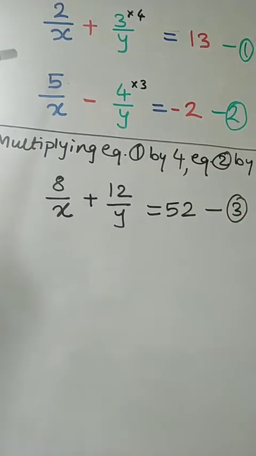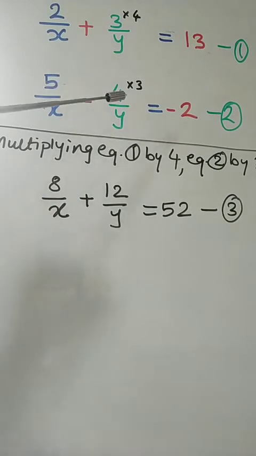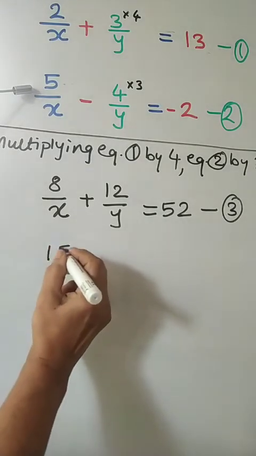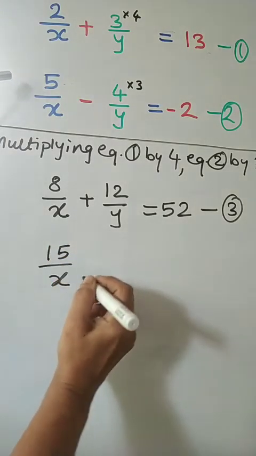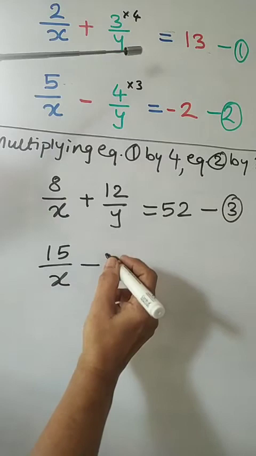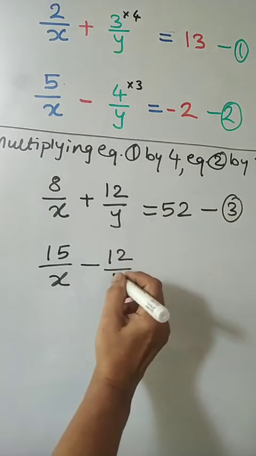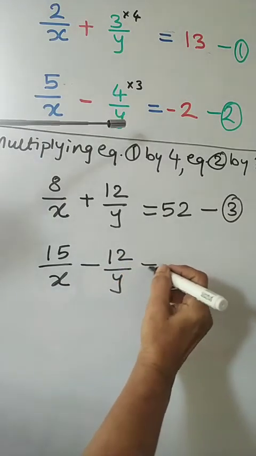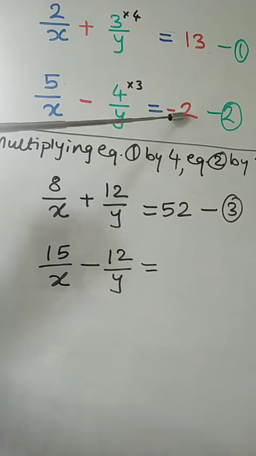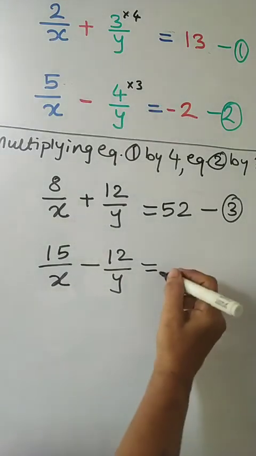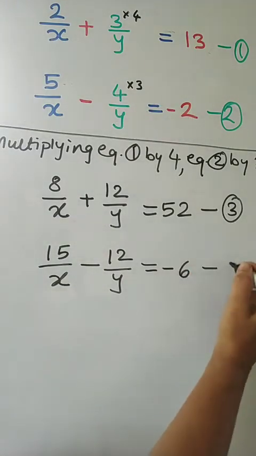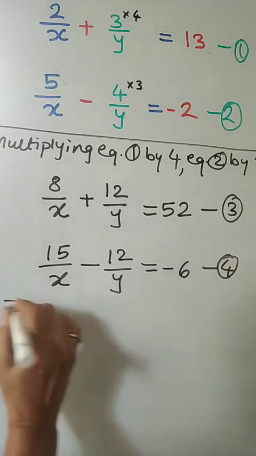Fine. Let's multiply equation number 2 by 3. So 5 3s are 15 upon x minus 4 3s are 12 upon y is equal to negative 2 multiplied by 3 will give you negative 6. We have got equation number 4.